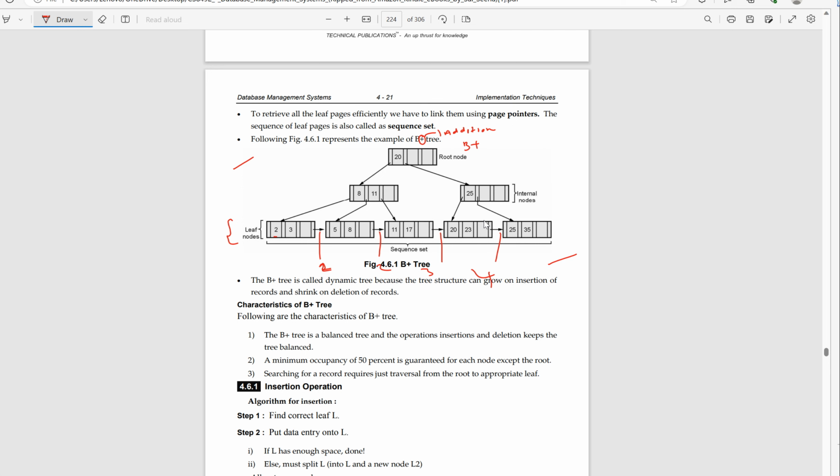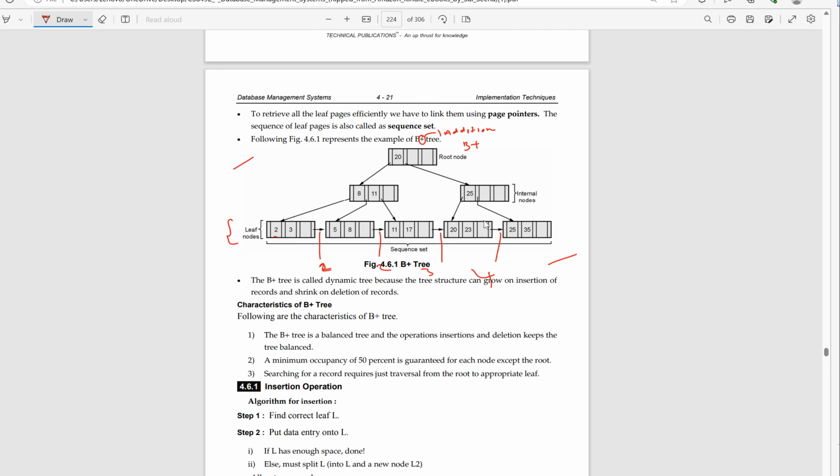So actually the B plus tree uses this property to facilitate retrieving all the values that have been inserted in the B plus tree in a simple way. If you look at this tree, the values present in the leaf nodes are the values that have been inserted in the tree.